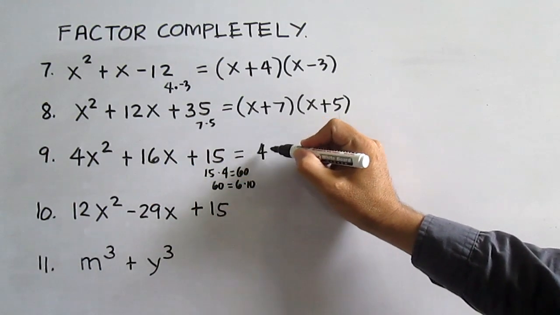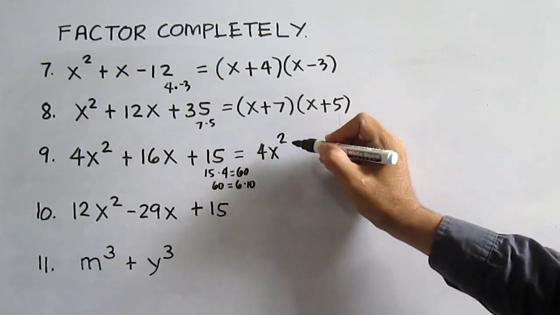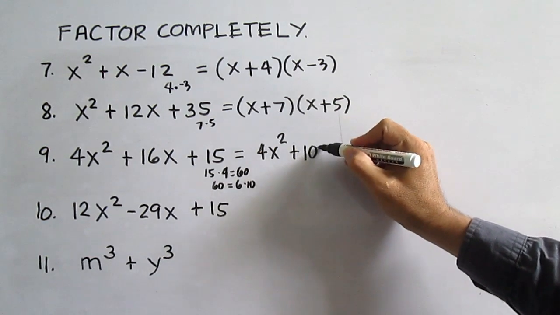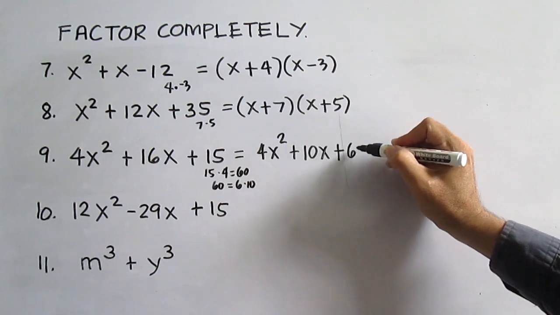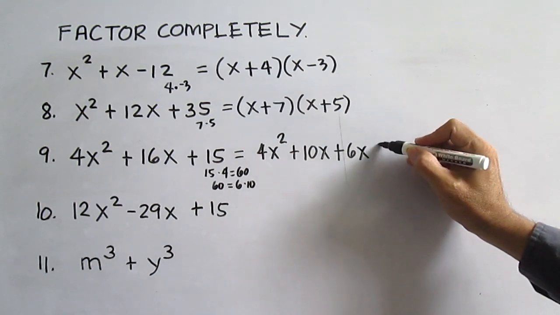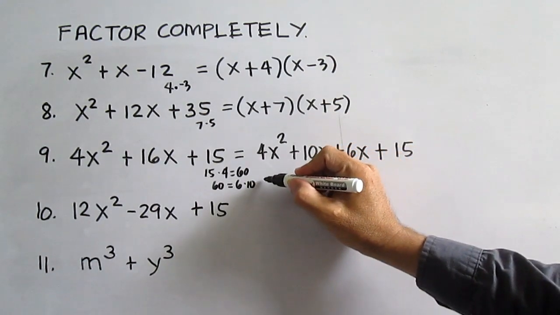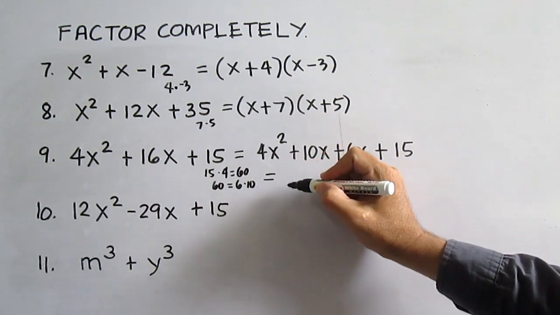This is equal to 4x squared plus 10x plus 6x plus 15. Group the first two terms together and the next two terms together.